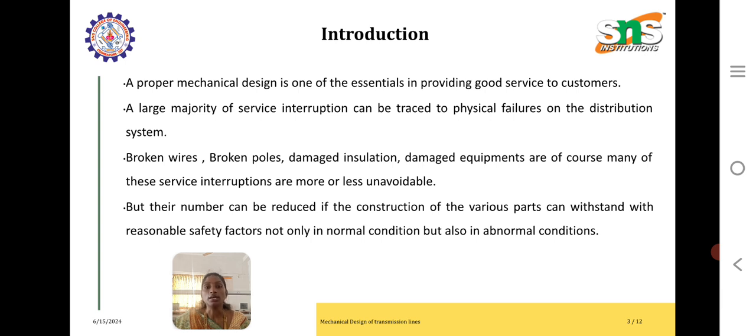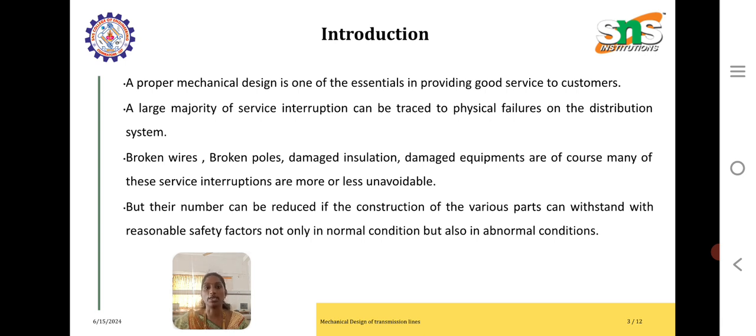That is one type of improvement that we are doing, and the number of issues can be reduced. With reasonable safety factors, not only in normal conditions but also in abnormal conditions, it should be rectified on its own. So this is the basic introduction of why we have to give importance to mechanical design.